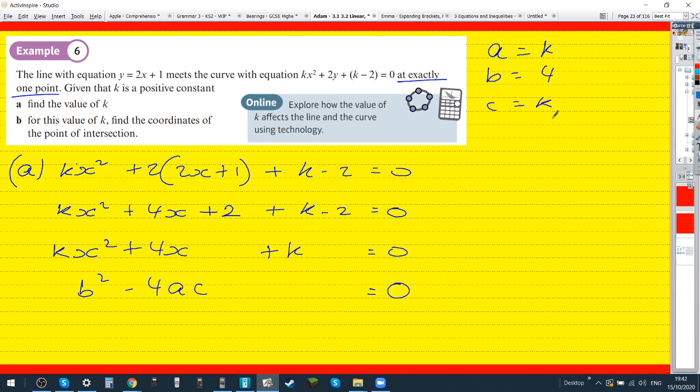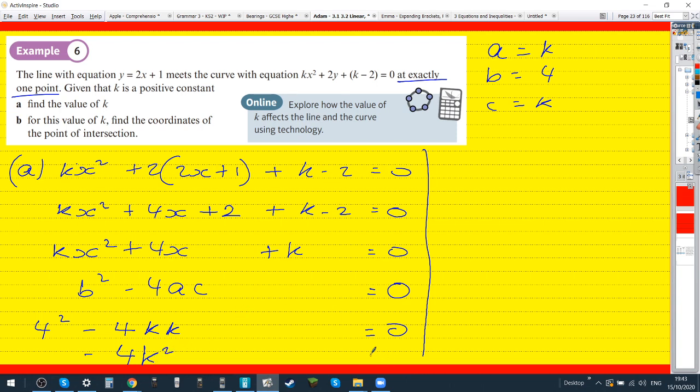And then we substitute that in. So it'd be 4 squared minus 4 multiplied by k multiplied by k equals 0. And k times k is k squared. So it'd be 4 squared minus 4k squared equals 0.